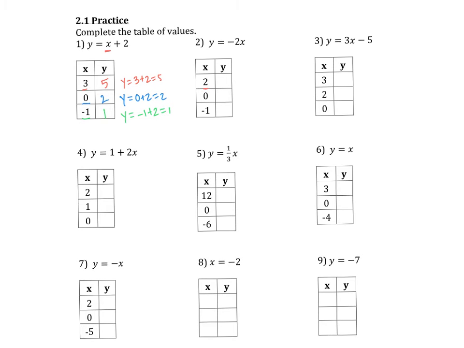Let's see, x is 2, and the equation is y equals negative 2 times x. They're next to each other, so that's multiplying. So put it in parentheses because you don't want it to look like negative 22. Negative 2 times 2 is negative 4. Okay, and if you're doing it in your head, I'm okay with that, unless it's a hard one. Negative 2 times x. Anything times 0 is 0.